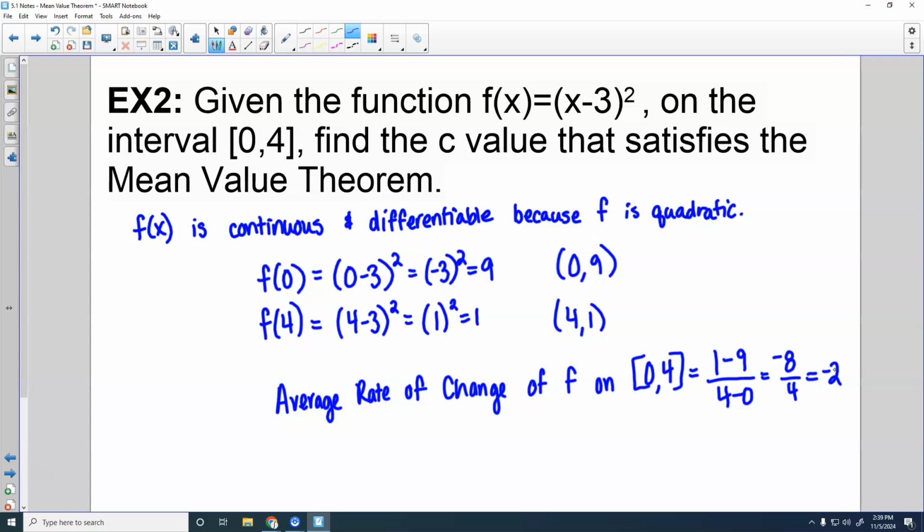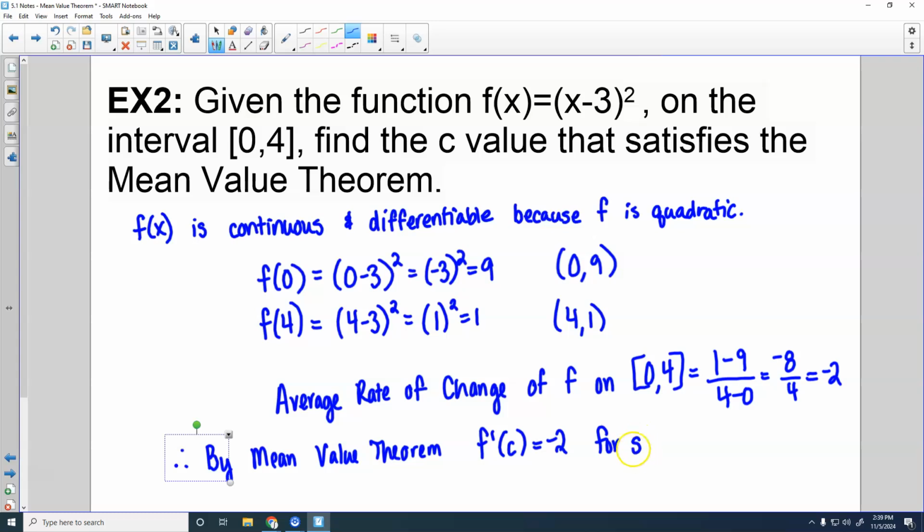So f prime, by the mean value theorem, f prime of c equals negative 2 for some c on the interval from 0 to 4.